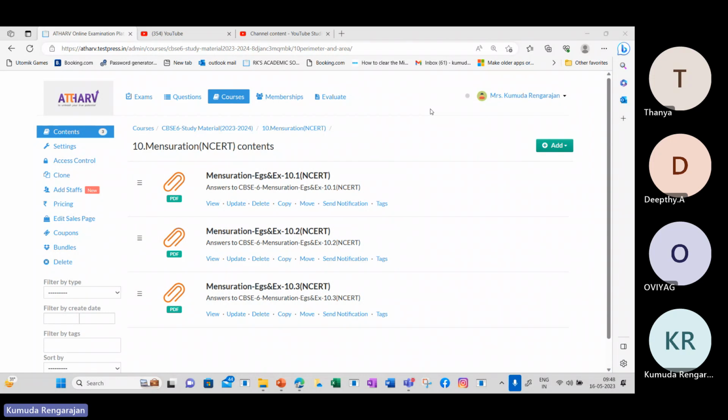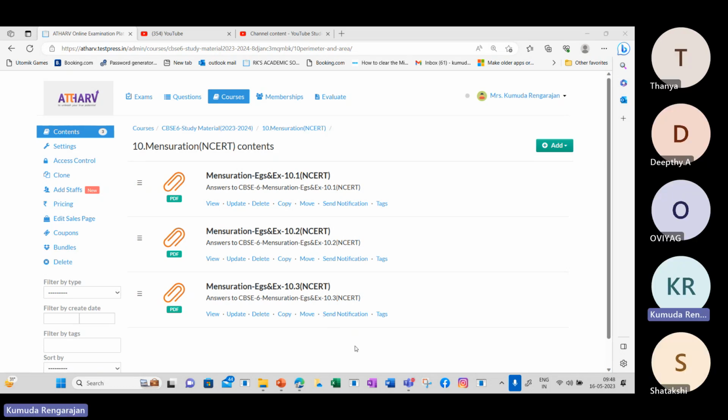All of you can see my screen? Yes. Very good. So now, who has checked this in the portal? Tell me. Who has already seen this in the portal? Ma'am, all I see is the contents of mensuration. You have not clicked anything inside that. Ma'am, I checked it.